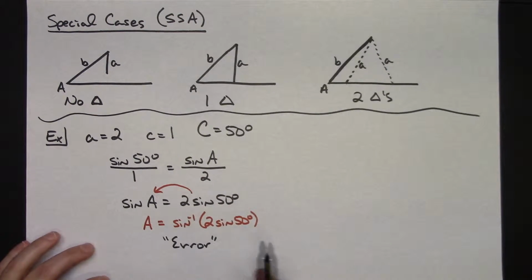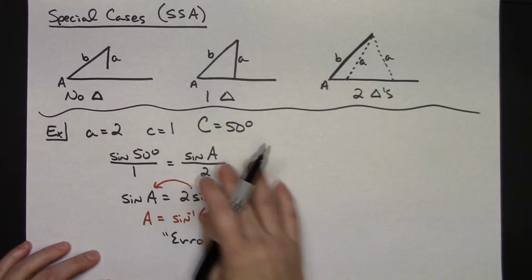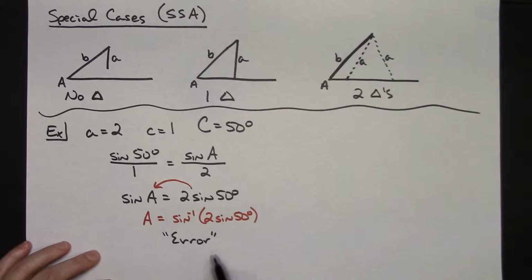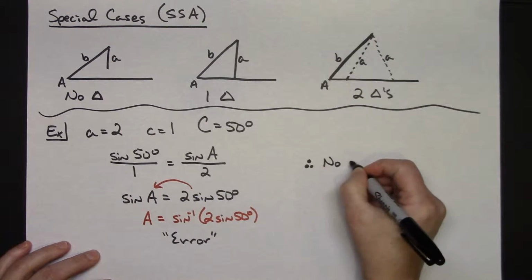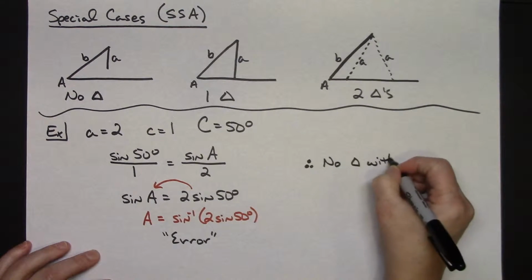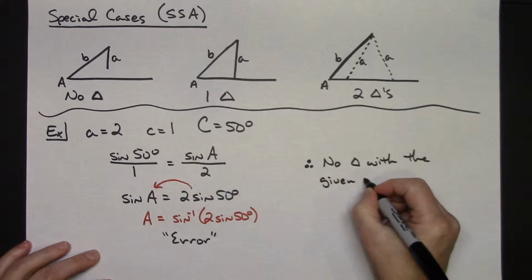So you're guaranteed it's not going to exist. If I don't have an angle A, I don't have a triangle. So as soon as you get an error in your calculator, you can automatically conclude, therefore, there is no triangle with the given measurements.